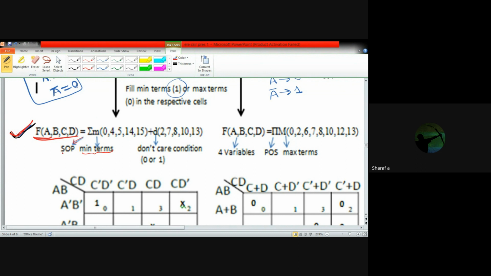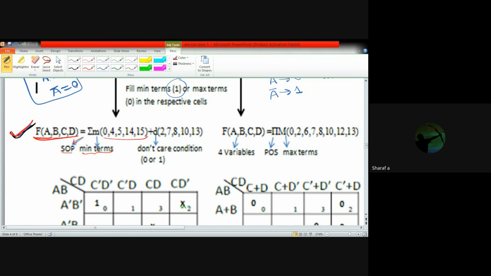Okay, when it is sum of product, it is min terms, and all those min terms are in these addresses. So cell addresses are given, the expression is not given. In each cell we have that expression.